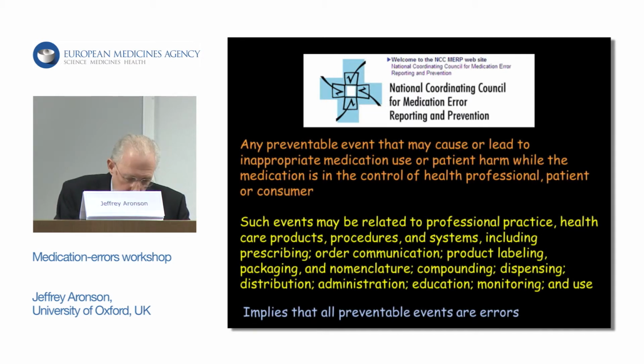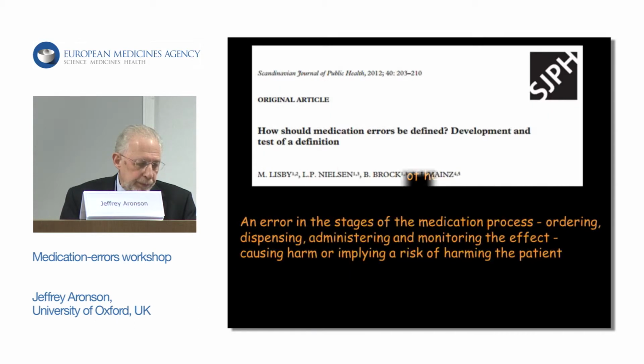So relying on preventability as a touchstone for defining a medication error is not helpful. And I think this is a widespread misconception. Robin and I have written at length, and I'm not going to discuss preventability today, about a definition of preventability. I'm of the view that it's exceptionally difficult to reach a substantive, stipulative definition of preventability, and that one has to do it operationally, but that's another matter.